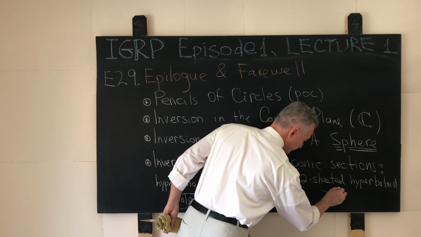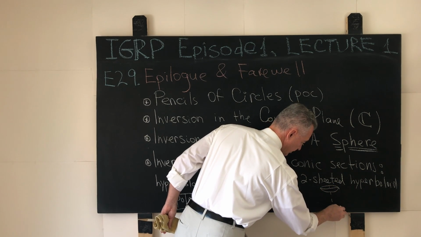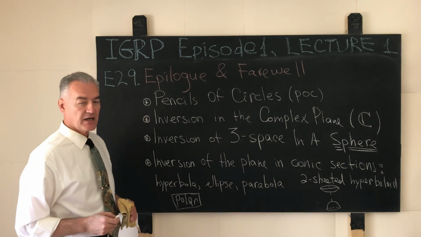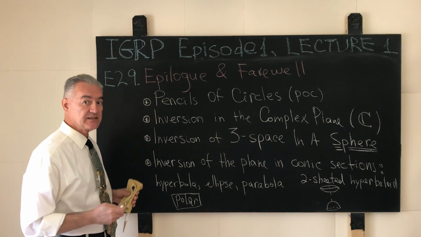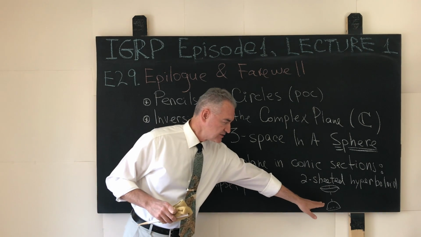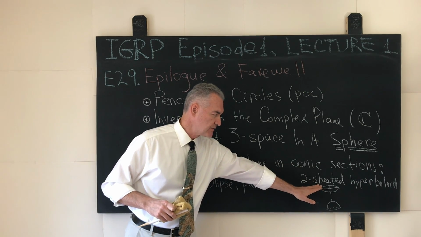It's one cup that sits on top and another cup that sits like this at the bottom. Then it is entirely possible to define in a meaningful way the inversion of three space in such a curious looking surface, in a two-sheeted hyperboloid.